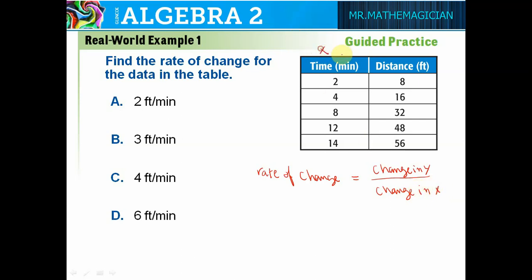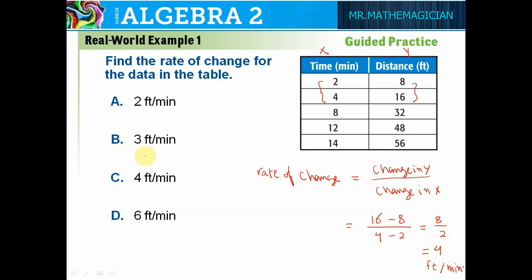Assuming time is the x and the distance is the y, and taking these two values, it will be 16 minus 8 as y values over 4 minus 2. 16 minus 8 is 8, 4 minus 2 is 2, so this will be 4 feet per minute.